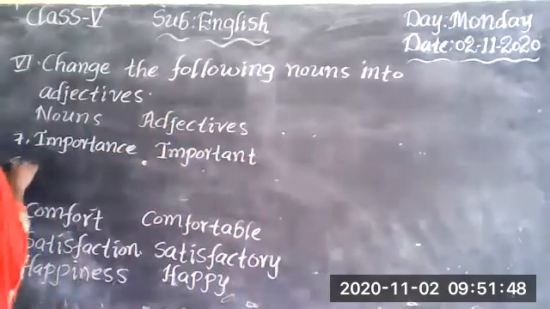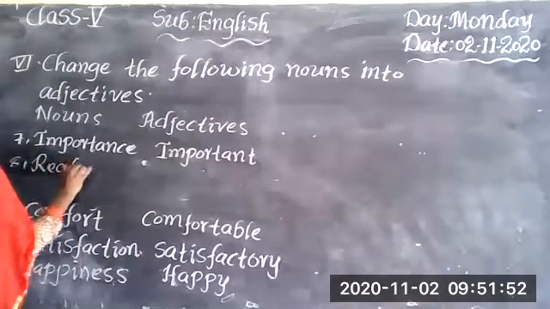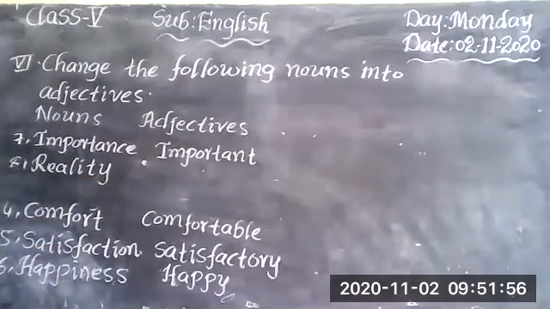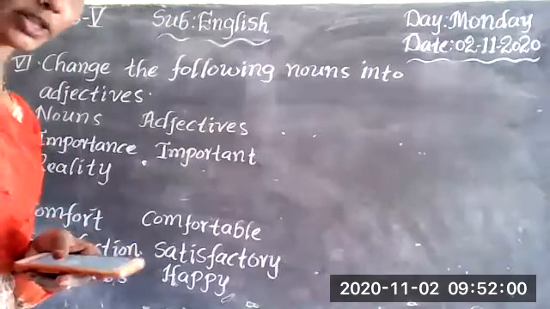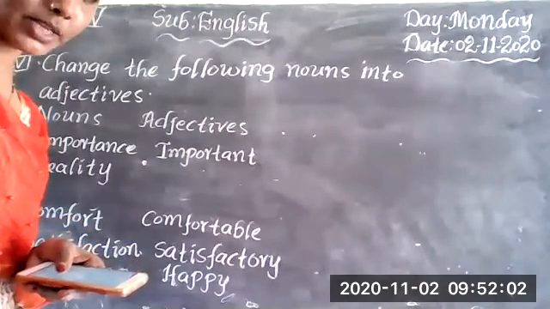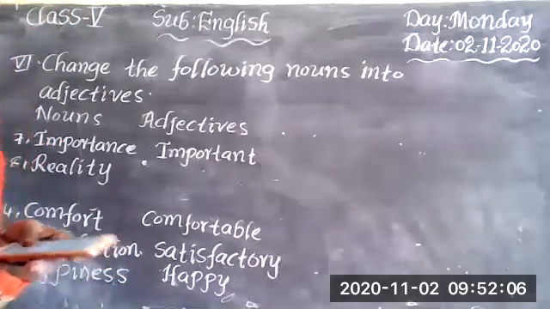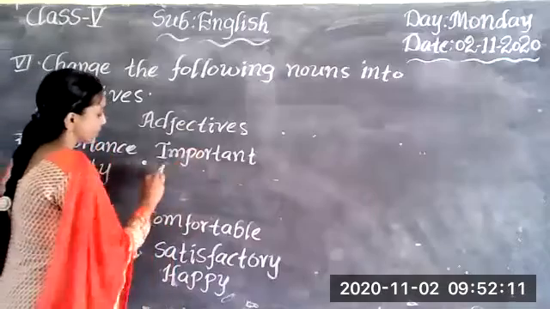Okay, next one. Reality. What is the adjective form of reality? What is that? Preetham, Satvik, Rizwan answered. Real. What is the adjective form of reality? Real. Very good.